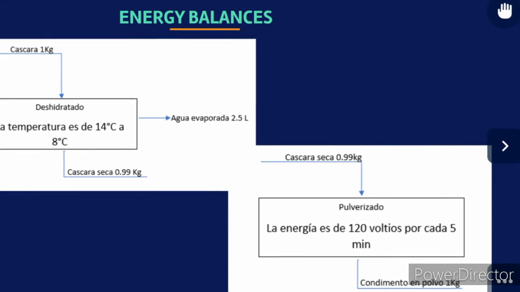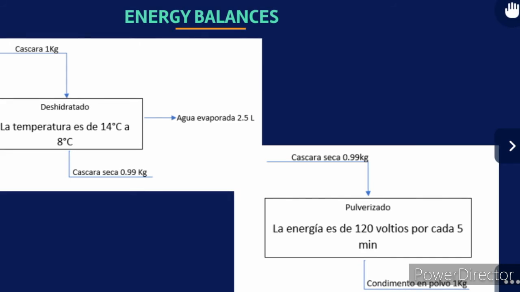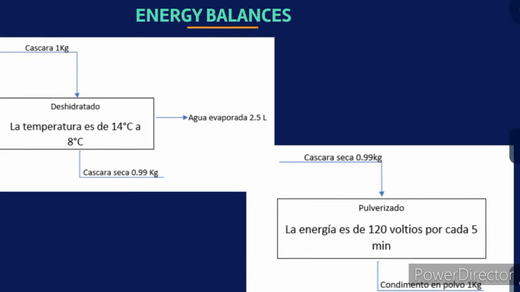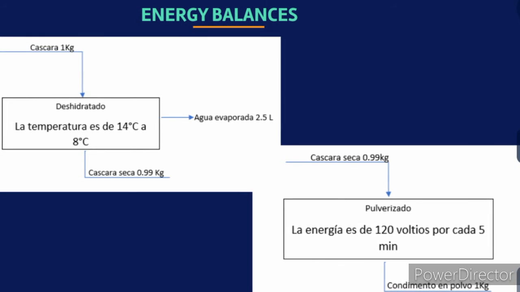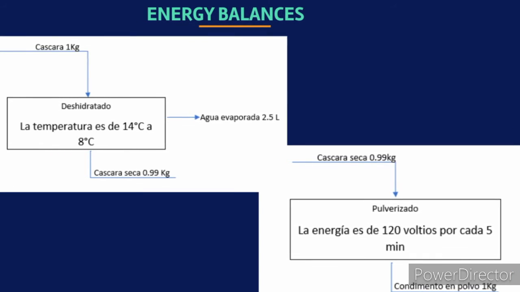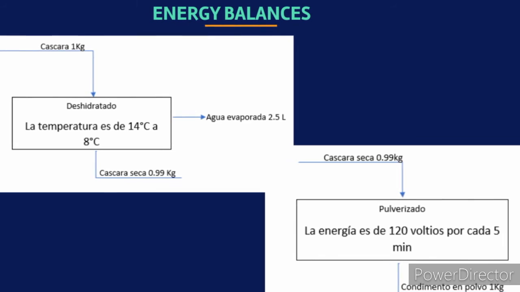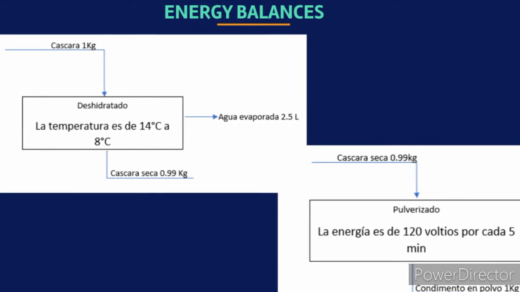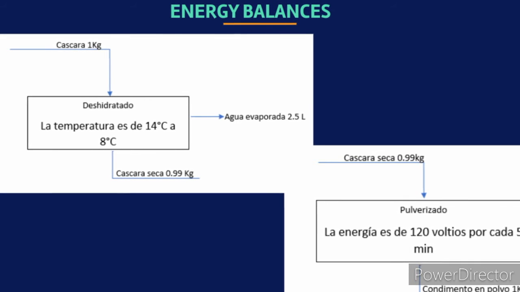On the drying, the beef increases its temperature because it is put to dry with the heat of the sun, and its sensible heat is 25.02.